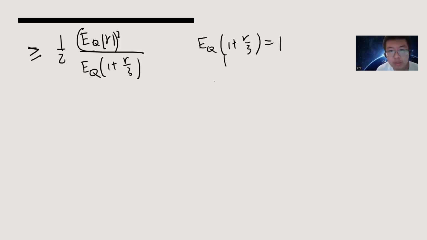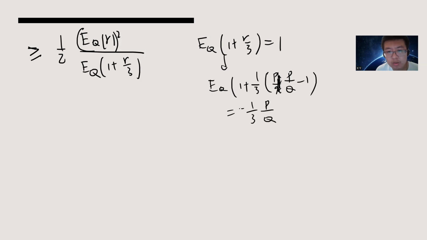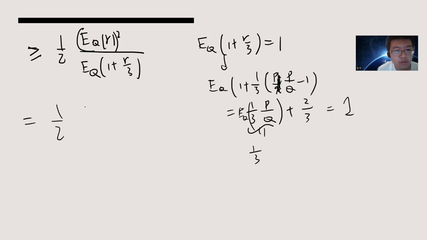The reason is very simple, because the expectation of 1 plus one third of (p divided by q minus 1) is one third p divided by q, plus 2 divided by 3, and this guy is just 1. So it's 1.